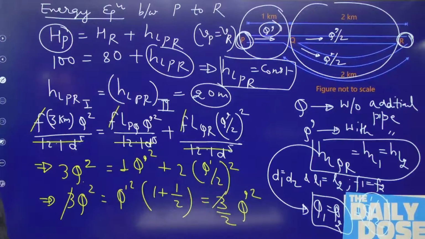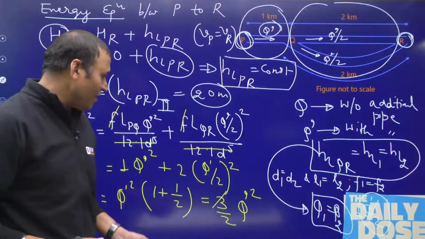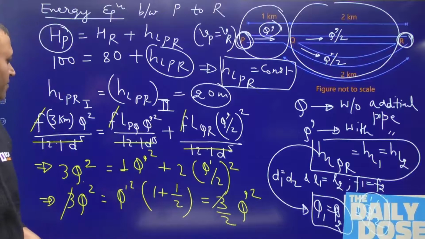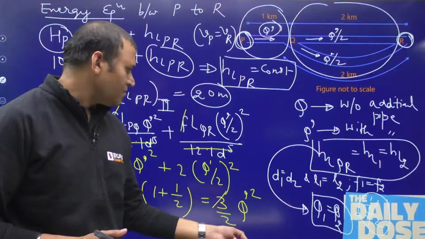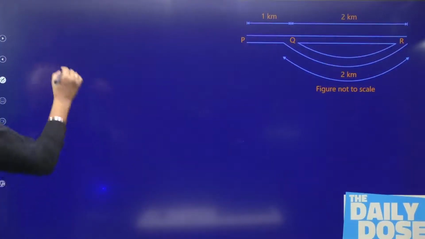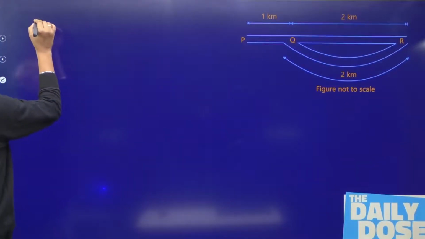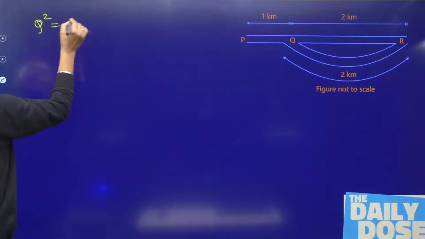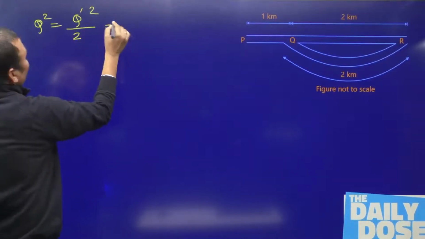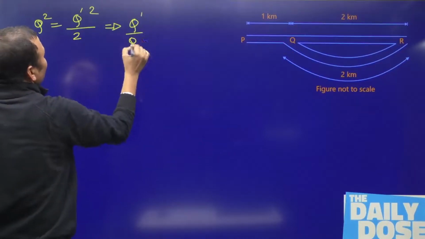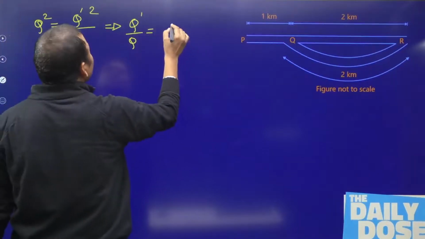So what is the value of Q dash by Q? Q square is equal to Q dash square by 2. So we can say Q dash by Q is equal to root 2.